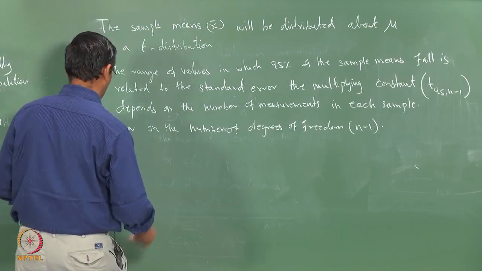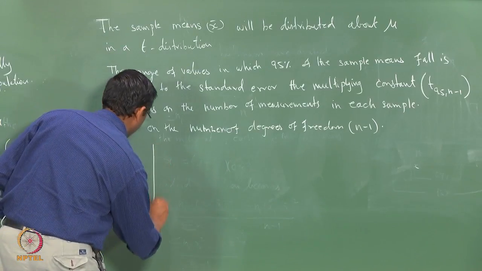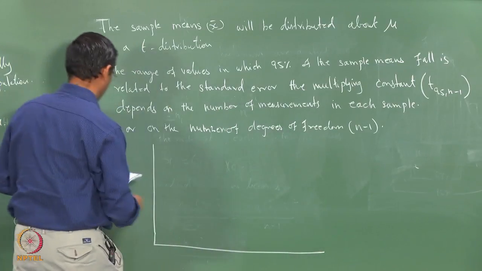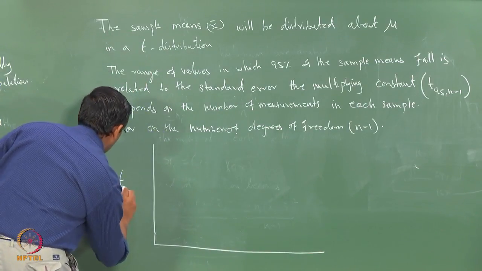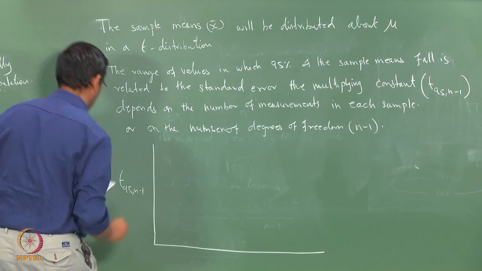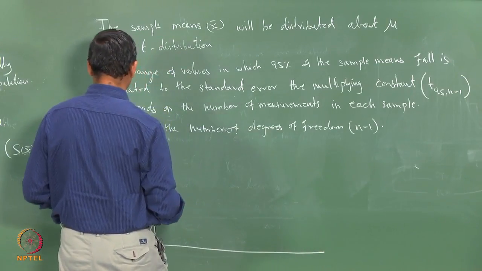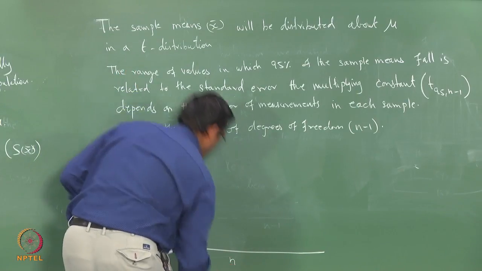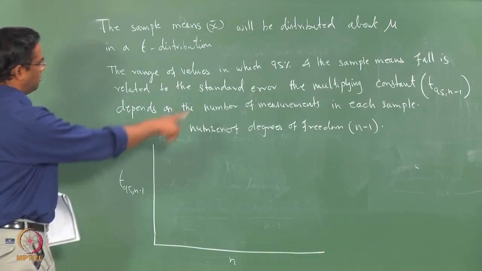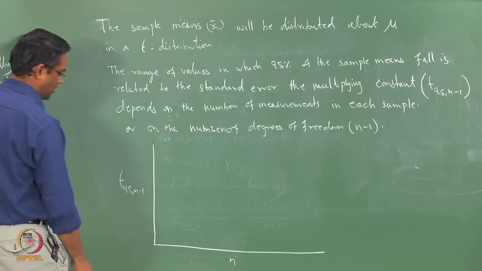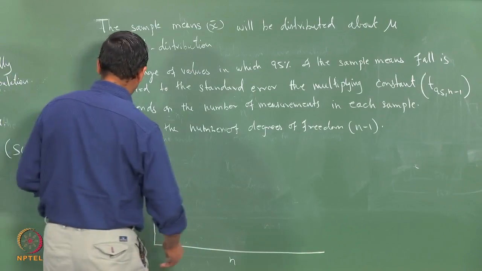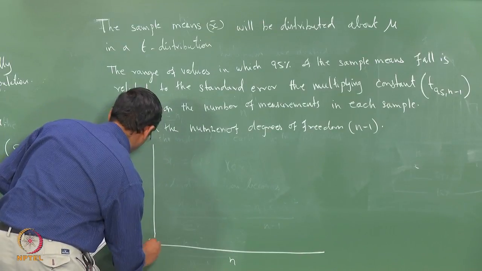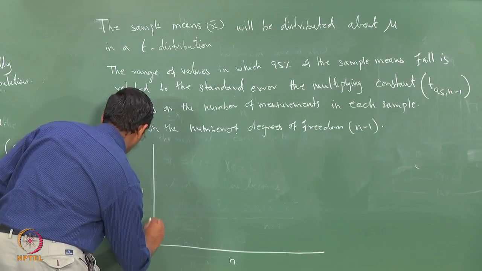So, what I will now do is plot the T95 n minus 1 and you have small n. T95 n minus 1 is the multiplying constant versus the number of measurements.